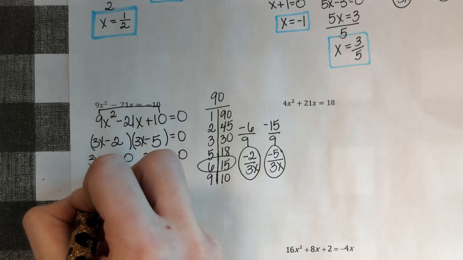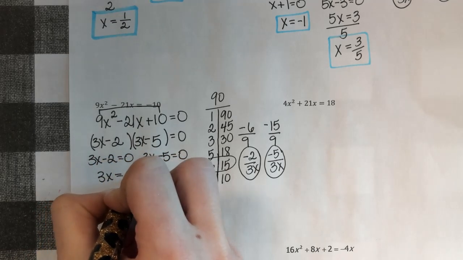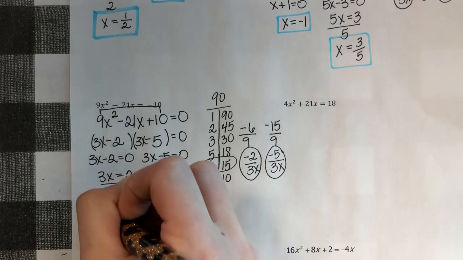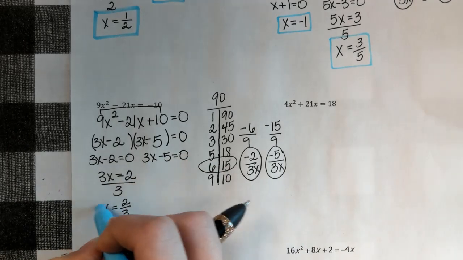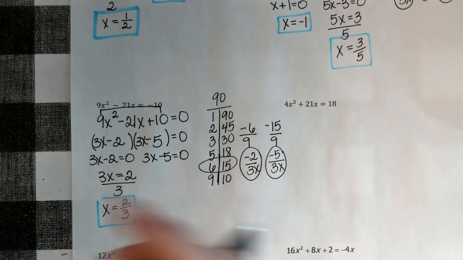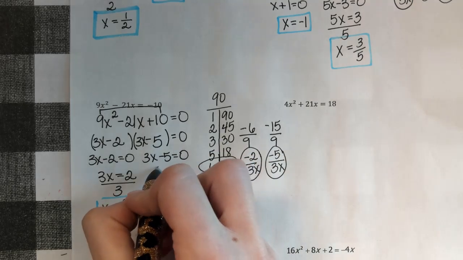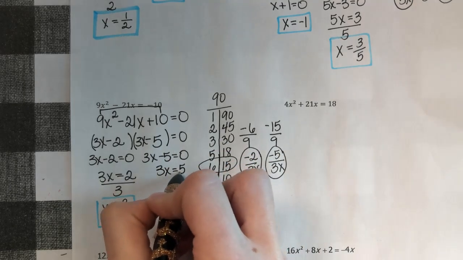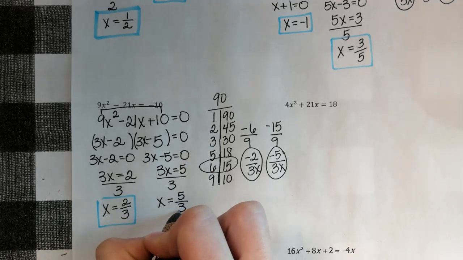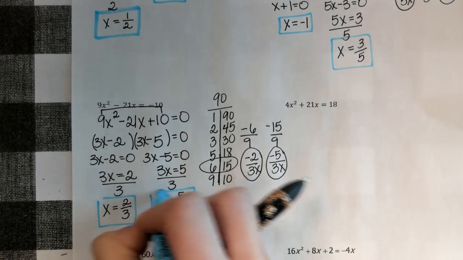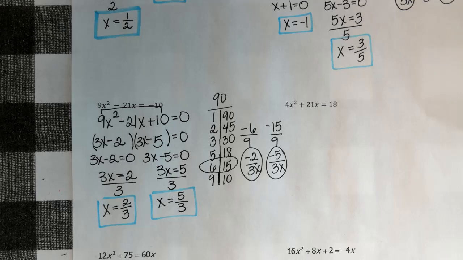Add your 2, 3x equals 2, divide by 3, and x equals 2/3. Add your 5, 3x equals 5, divide by 3, and x equals 5/3. Okay? I want you to do the next one on your own.